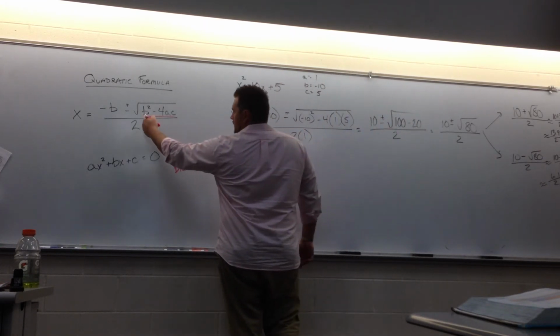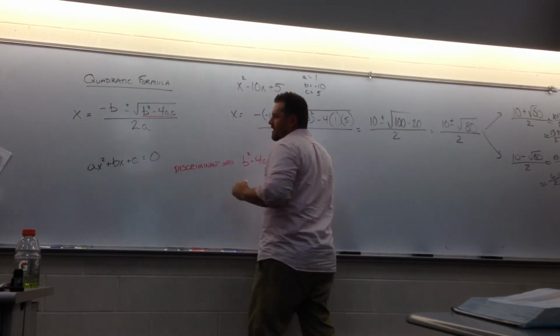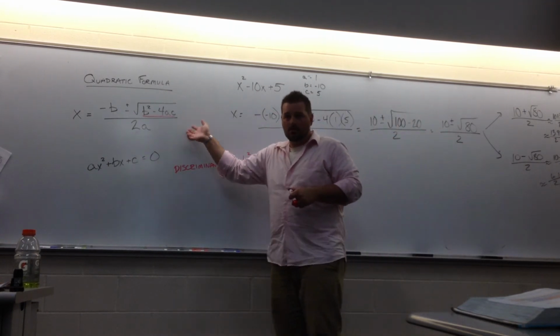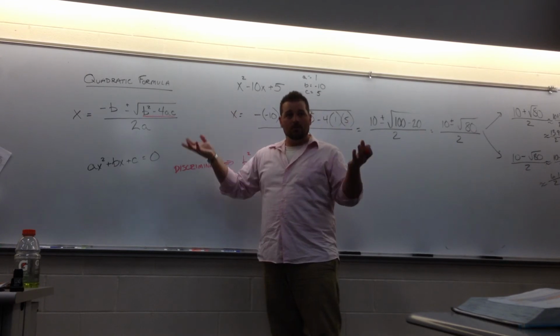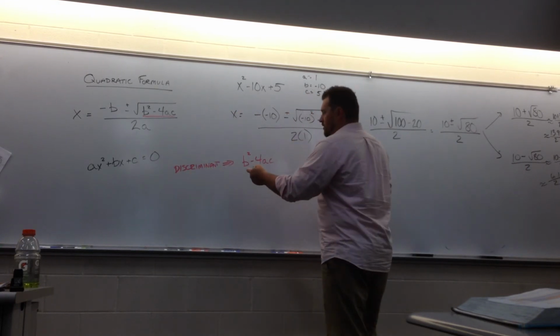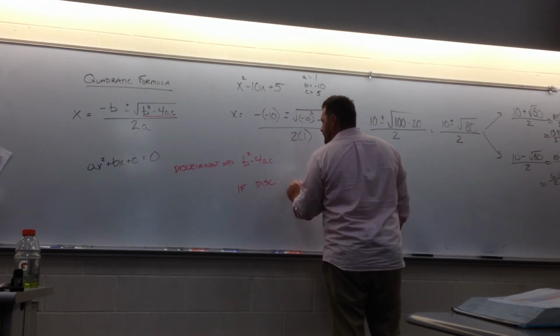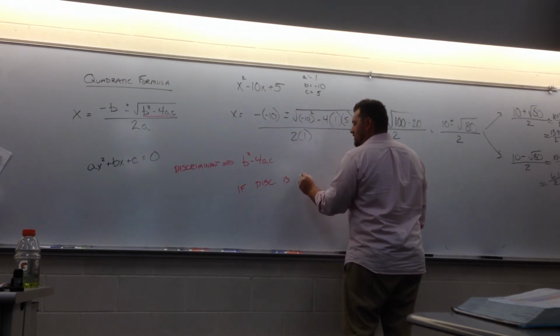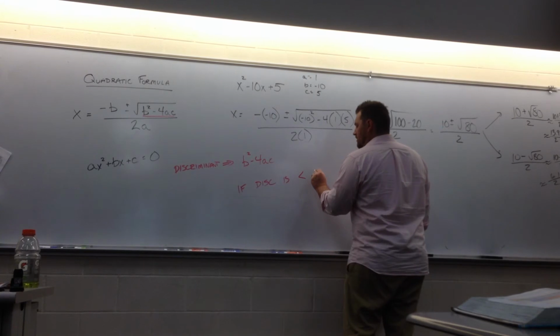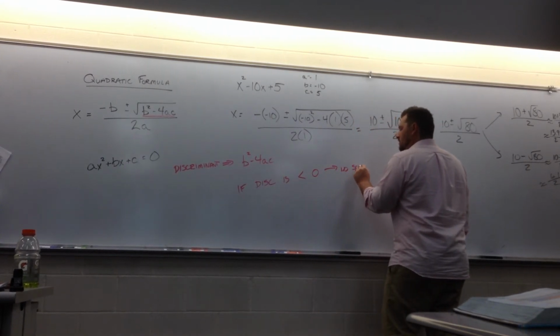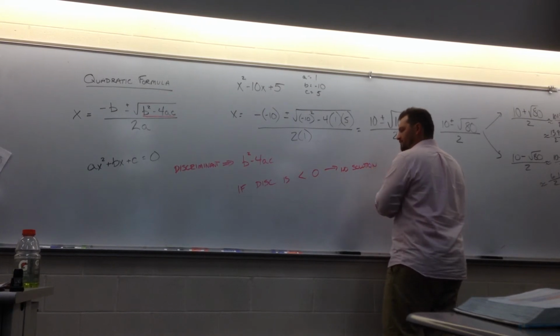So if the value of this is negative, then that can't happen, right? We can't work this out, and we have no solution. So if the discriminant is less than 0, then there's no solution.